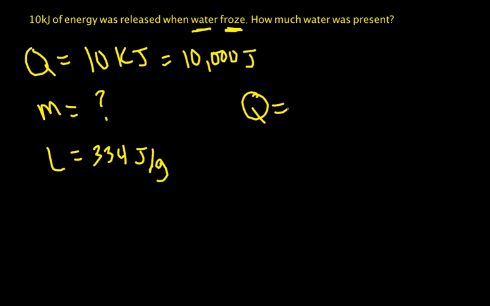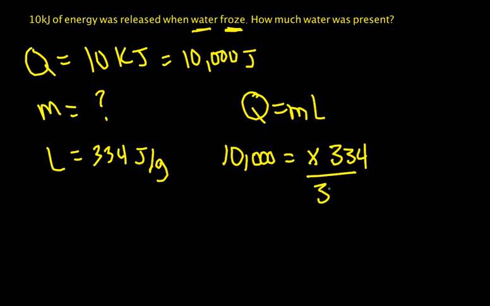So Q equals ml is our formula. Since my latent heat is in joules, I'm going to keep my Q in joules. So that's going to be 10,000 equals the mass, which I'm looking for, that's X, times the latent heat constant, 334. So 10,000 stays 10,000, and 334 times X is 334X.